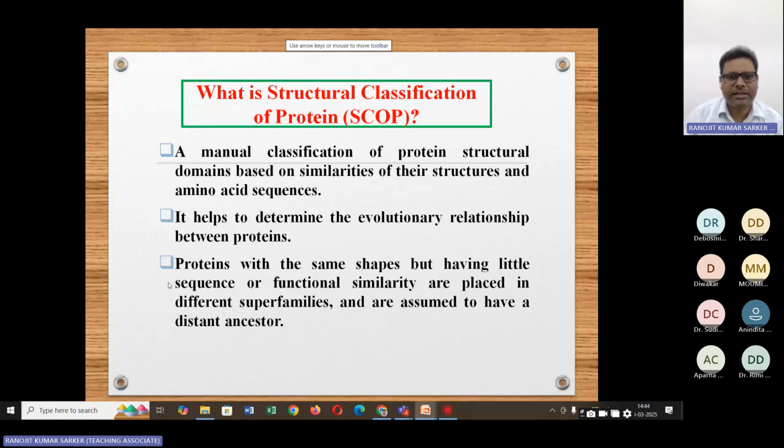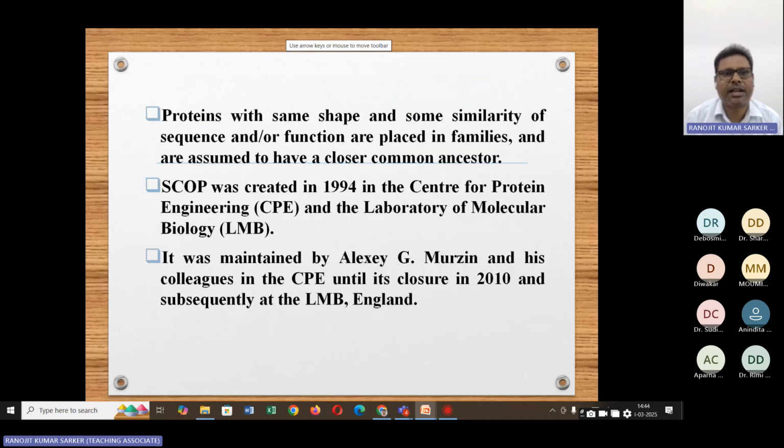Now proteins, as I said, the superfamilies contain the proteins whose shapes are similar, but with very poor sequence and functional similarities. At the same time, if you have the same shape and improved similarity, both in sequence and functional levels, then they are grouped under families. That means from superfamily to family.